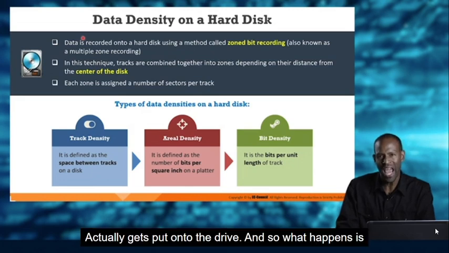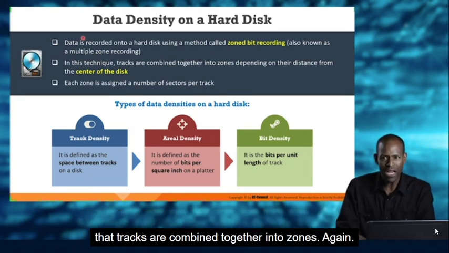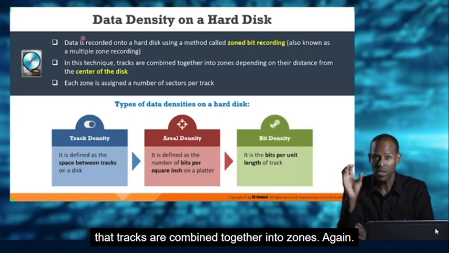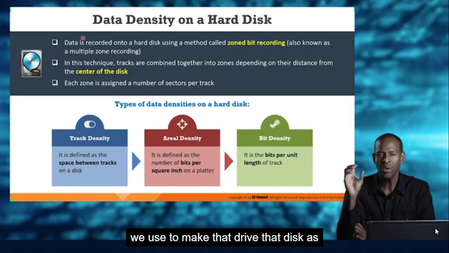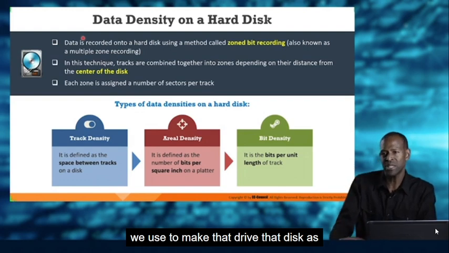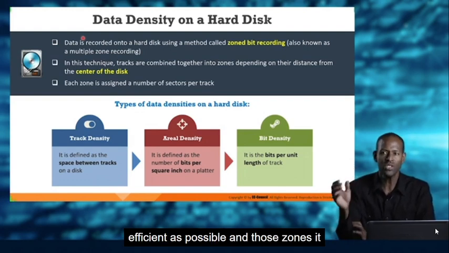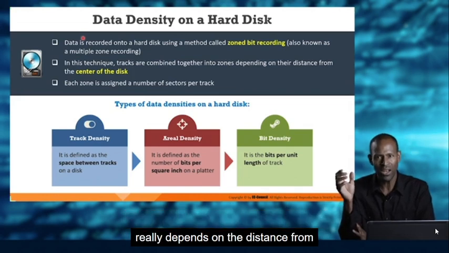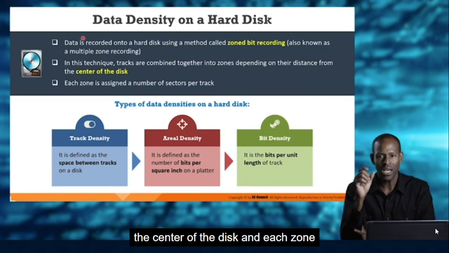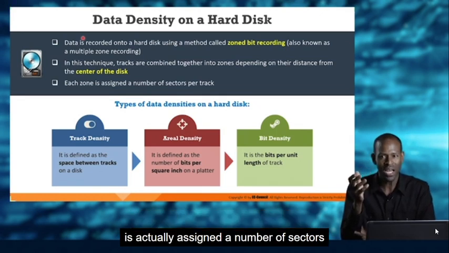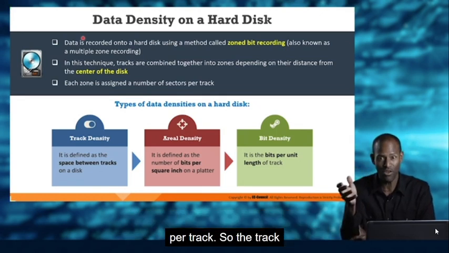That's how the data actually gets put onto the drive. What happens is the tracks are combined together into zones. Again, this is another efficiency measure that we use to make that disk as efficient as possible. Those zones depend on the distance from the center of the disk, and each zone is assigned a number of sectors per track.